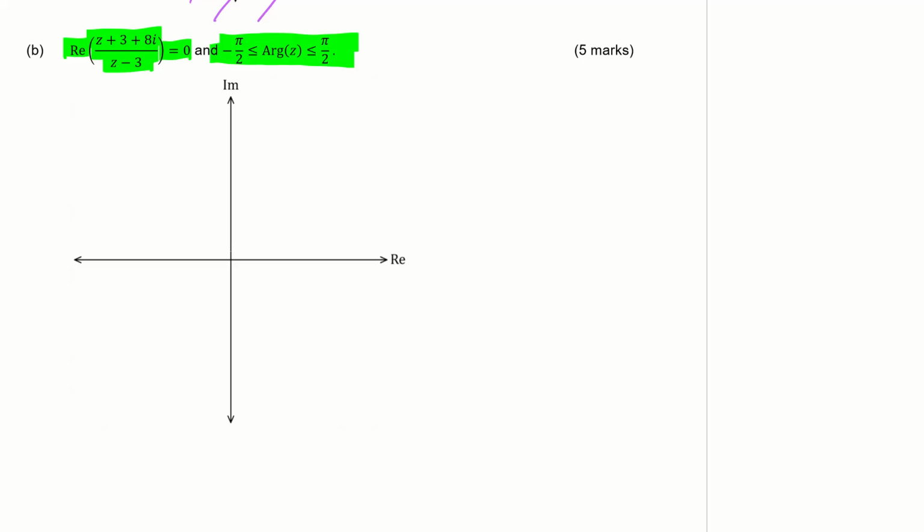So we are after the real part of, let z be equal to x plus iy, and then we have x plus 3 plus y plus 8i over x minus 3 plus iy.